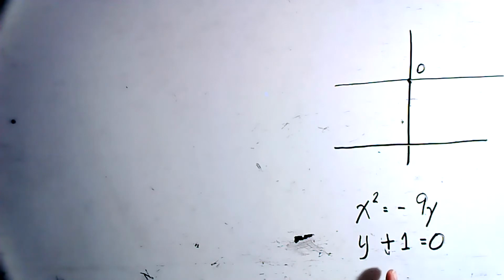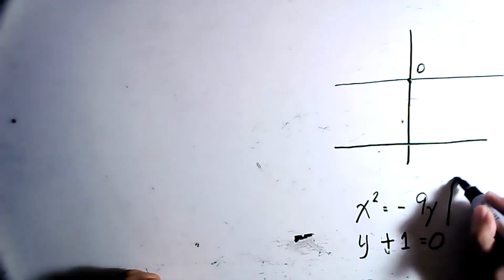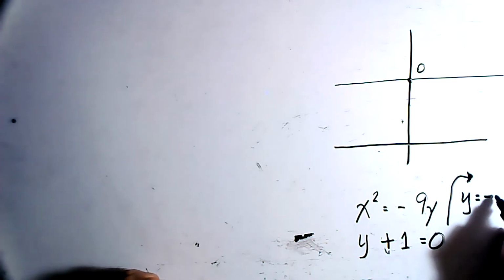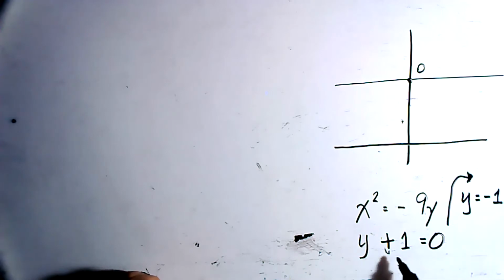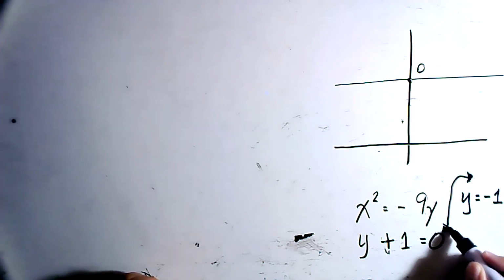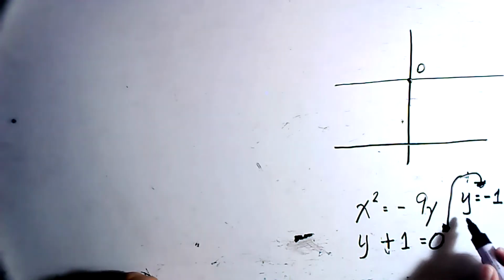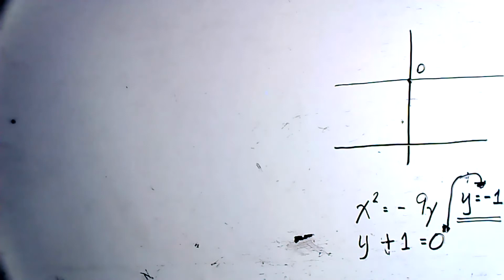Take note that if you express y in terms of the constant, the value of y will be equal to negative 1. That is, if we transpose positive 1 to the other side of the equation, then we will have y equals negative 1.